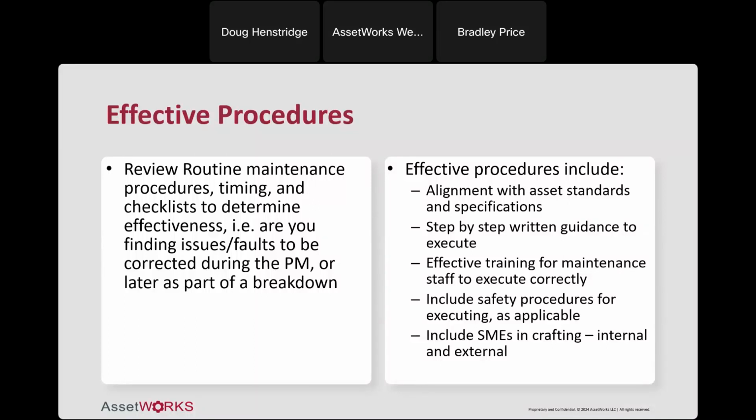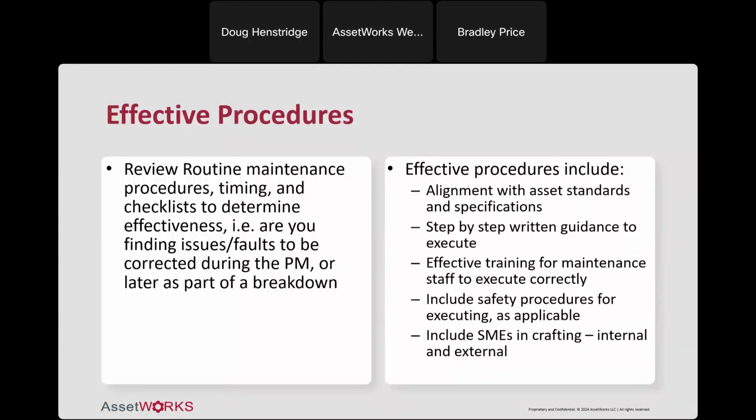So these things would include what does the manufacturer recommend for maintaining this piece of equipment, for inspecting this piece of equipment. We should have written guidance especially on routine maintenance, right? So if I have a checklist, each checklist item should have some written guidance as to how that actually should be performed, right? Are we effectively training staff to execute correctly?